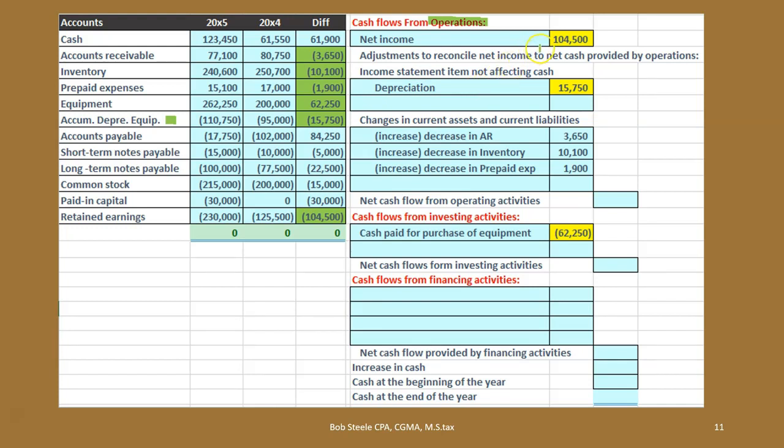Therefore, that 1045 under a cash basis needs to go back up by the depreciation of 15,750, because we put it down according to an accrual basis, and under a cash basis it shouldn't have gone down, so it's got to go back up. So now under the operating section, we've got the 1045 plus the 15 plus this plus this plus this. That's what this is going to be so far.